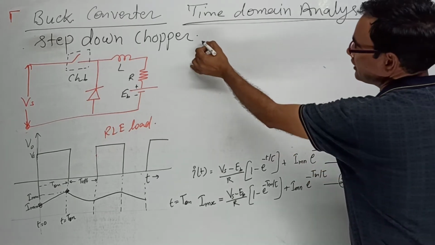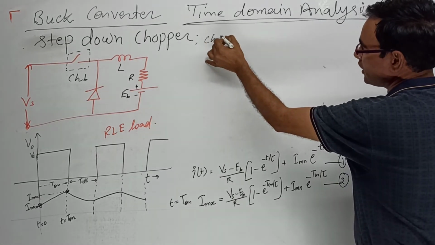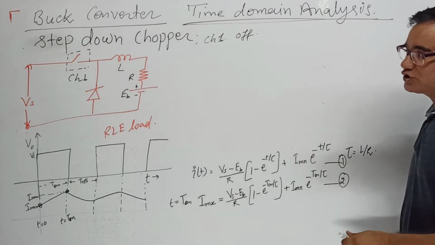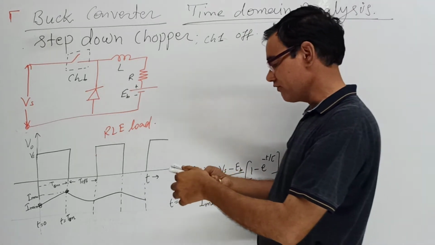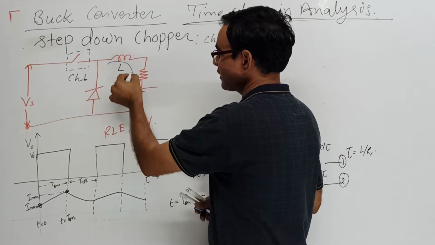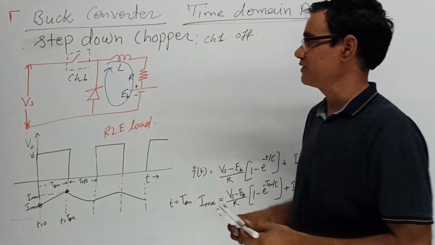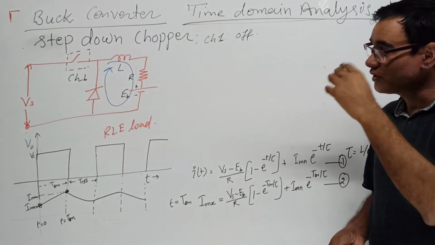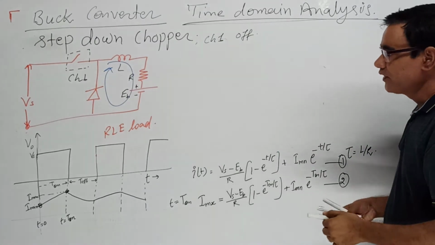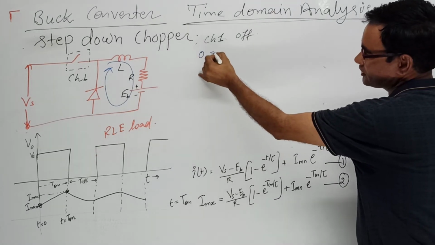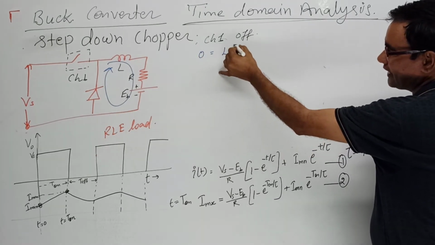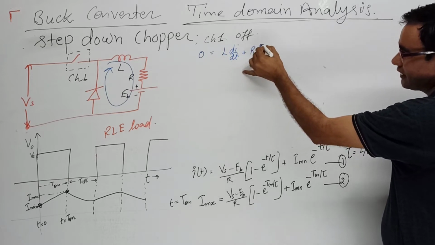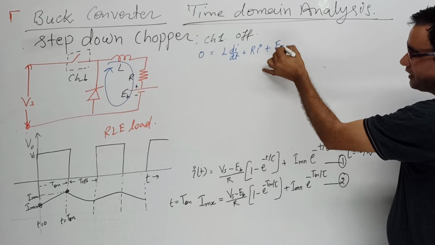Now when CH1 is off, the current circulates like this, through the diode. So the output voltage is 0. So 0 is equal to L di by dt plus Ri plus Eb.